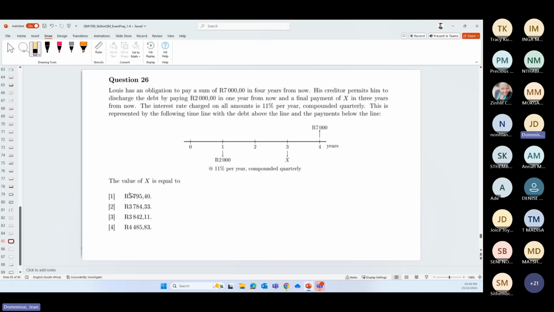Okay, so let's look at this one. Louis has an obligation to pay a sum of 7,000 in 4 years from now. His creditor permits him to discharge the debt by paying 2,000 in 1 year from now, and then a final payment of X in 3 years from now.